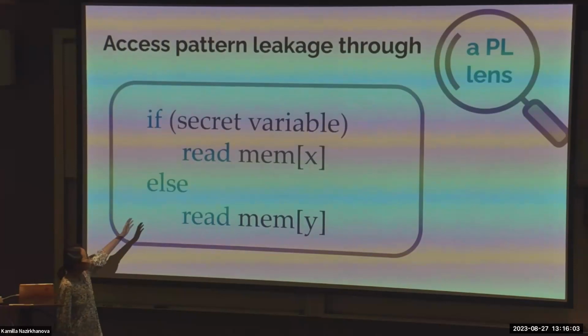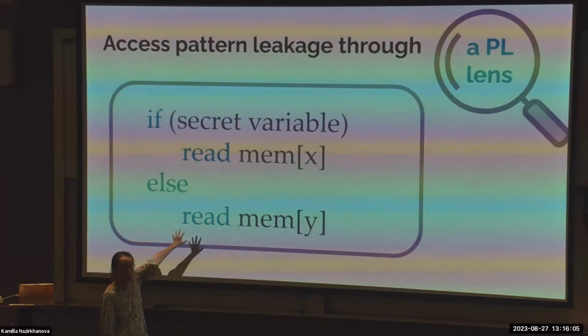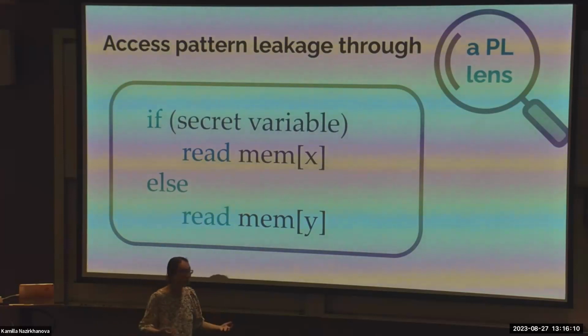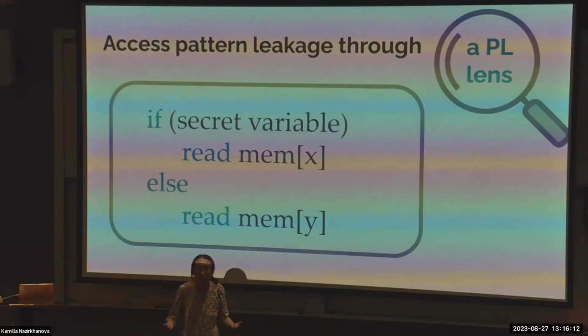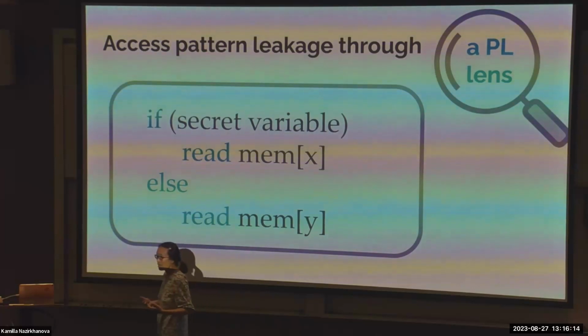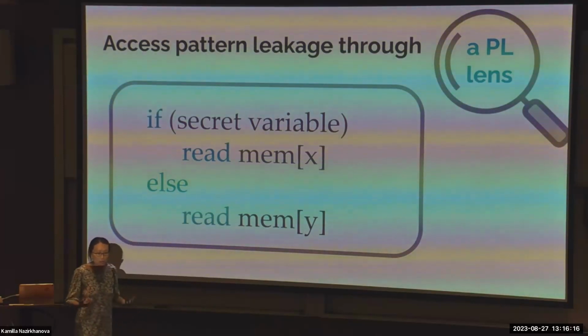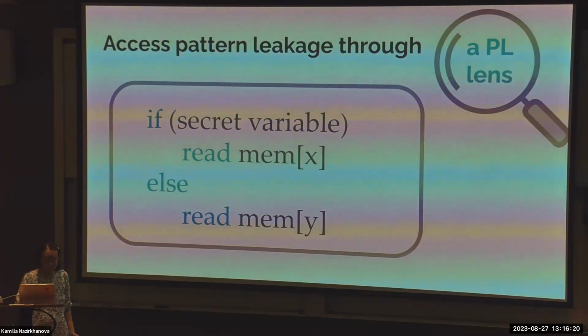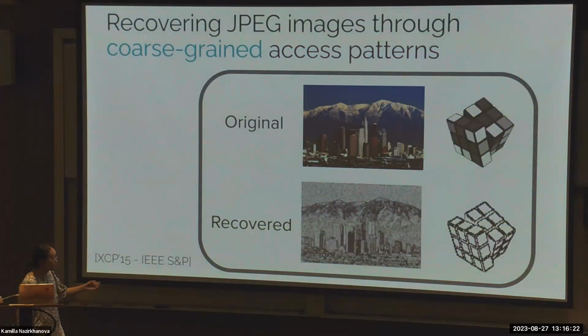And more generally, if your program has an if branch that conditions on some secret variable, let's say, if the last bit of my secret key is 0, I access memory location X, otherwise I access memory location Y, then by observing which memory location is accessed, you leak the value of the secret variable. Also, this was an attack performed by some researchers from Microsoft Research and UT Austin.